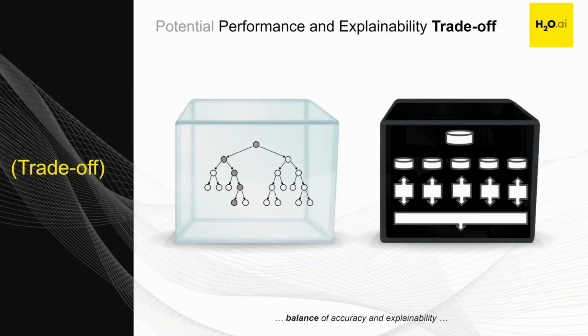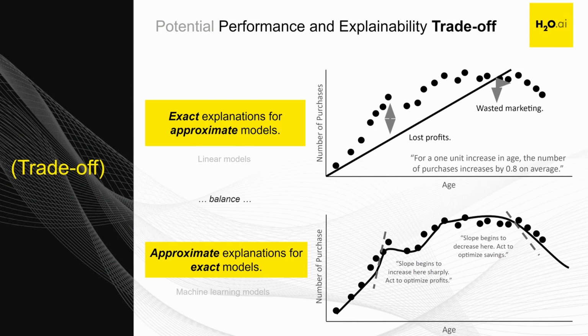But overall, this needs to be considered, and explainability can help with that. So these are just two extreme cases. What I mentioned here is that either we are working on exact explanations for approximate models, or we do approximate explanations for exact models, which is some kind of trade-off I'm referring to.